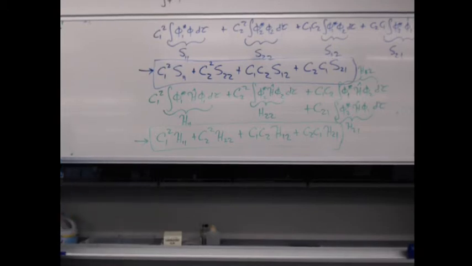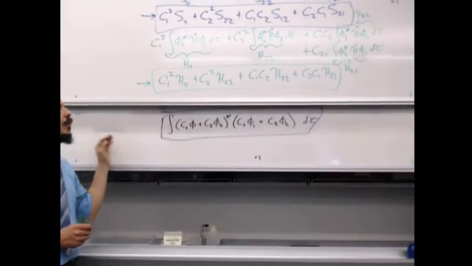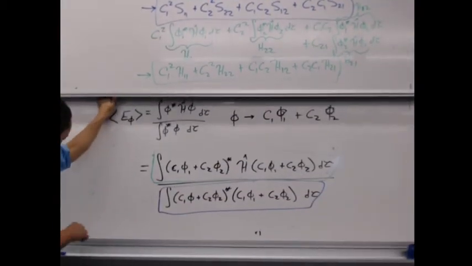Kind of a good choice. Because our parameters were outside of the functions, we've created a set of integrals that are independent of our parameters. That's what allows us to simplify this down to a system of two equations and two unknowns.